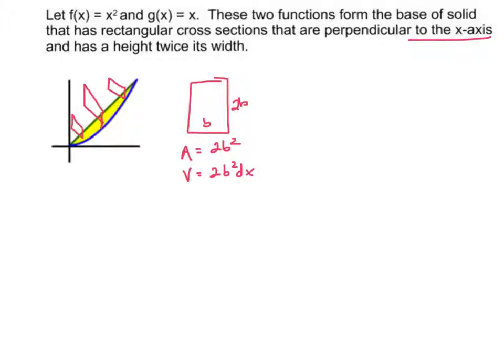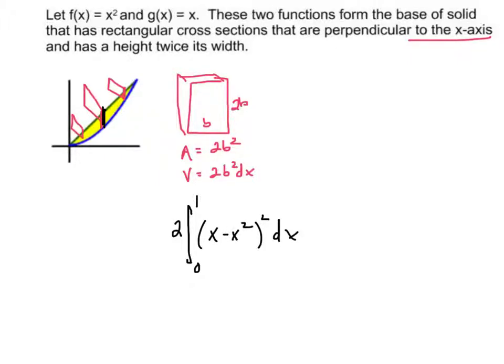And again, it's because the thickness is relative to the x-axis, where in the previous one it was relative to the y-axis. Now, we go to integrate. These two functions intersect at 0 and 1, so we have to get the base squared, and the base is simply the difference between the top function and bottom function, like that.